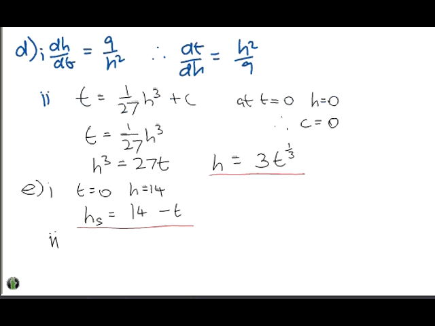You want the statue to meet the acid. 3 t to the power of a third equals 14 minus t. I meant to use black. And so yeah, you equate h with h_s. There you go. Solve that. Your calculator would tell you that t equals 8 is a solution.